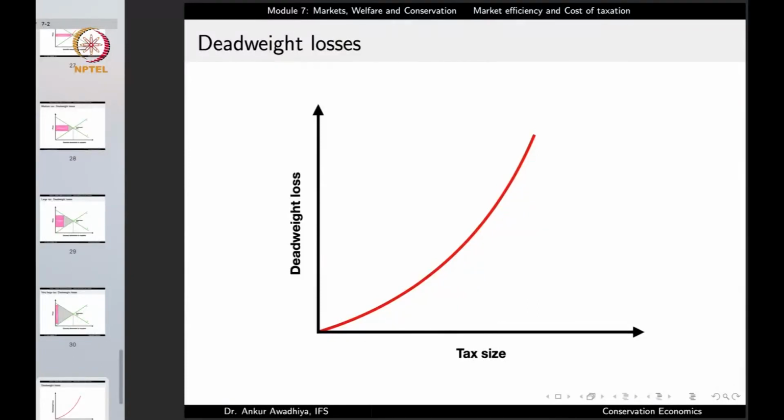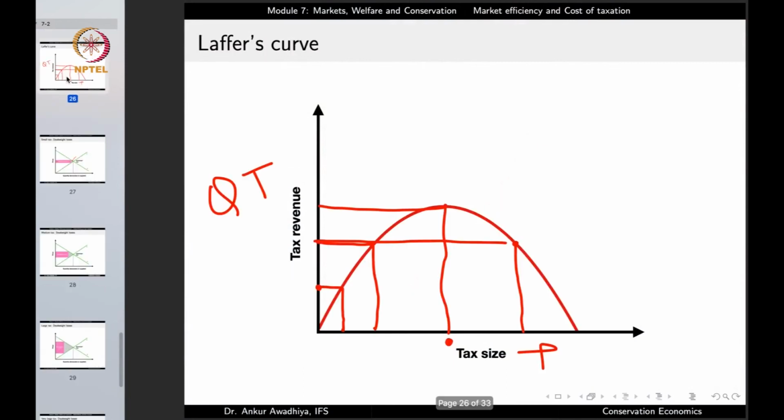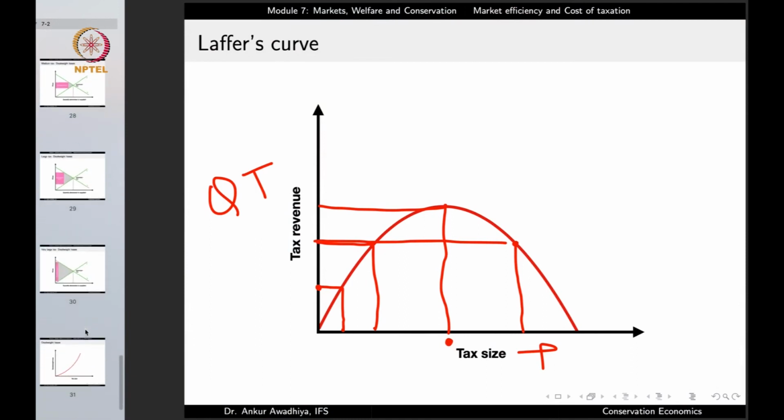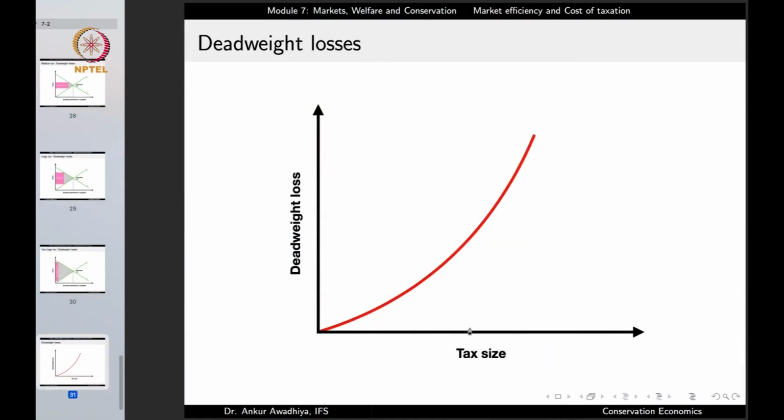And in this curve, even though we were saying that this is the tax size that was optimum for maximizing the revenue, what we observe here is that for this tax size, the deadweight losses are already too substantial, which means that if the government is maximizing its tax revenue, then probably it is not a very efficient planning for the society because the deadweight losses are too high.